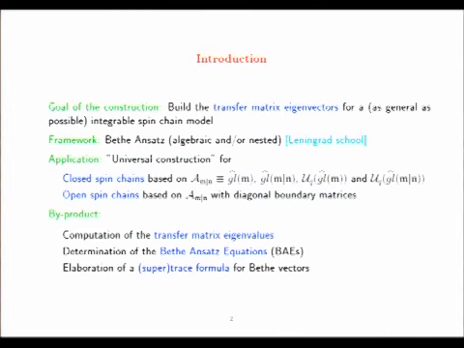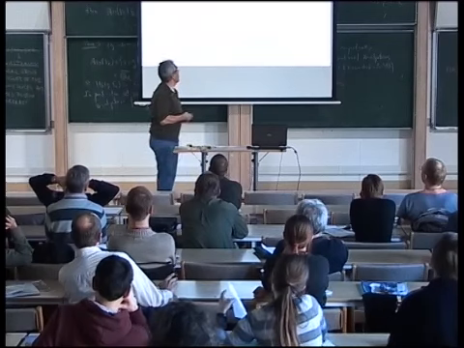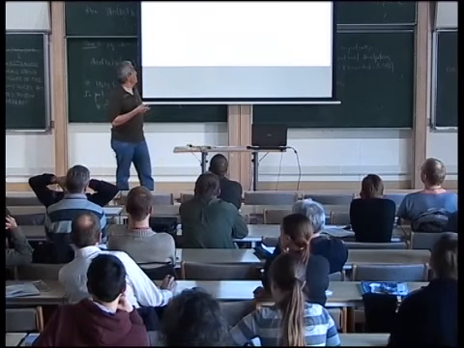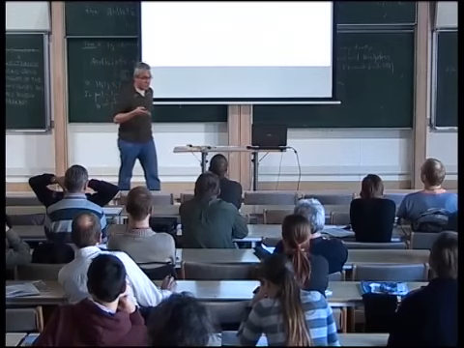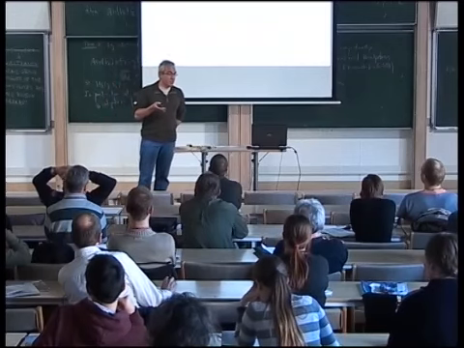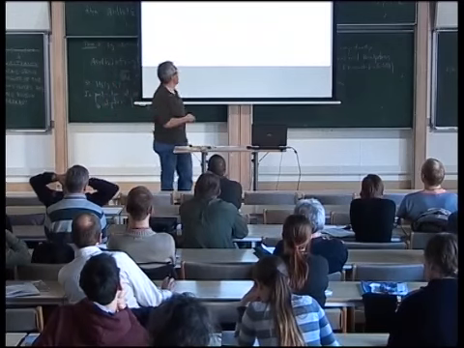This transfer matrix is associated to integrable spin chain models, the most general one you can work with, at least the most general we can work with. The framework is Bethe ansatz, as it has been defined by the Leningrad School. And the spin chain we will consider will be closed spin chain based on these algebras.